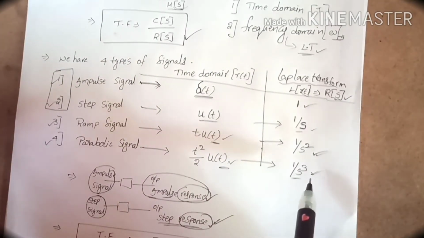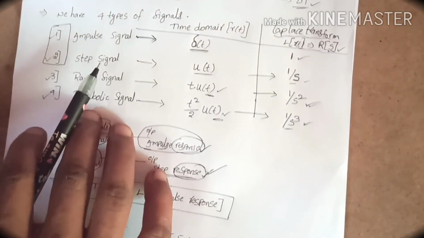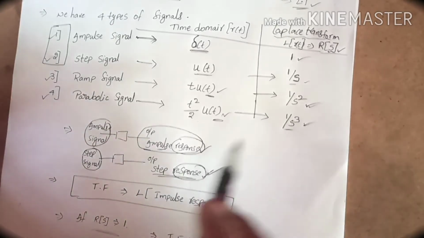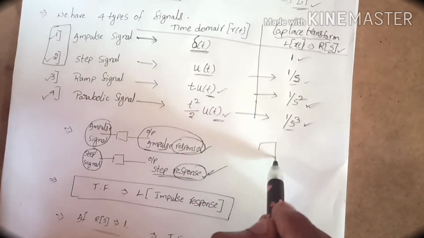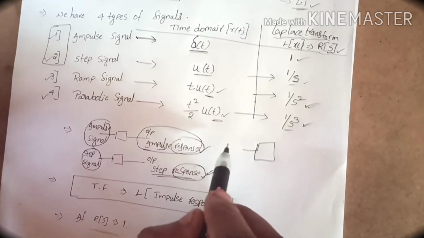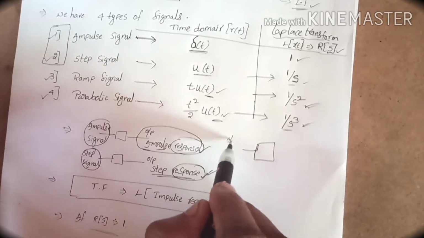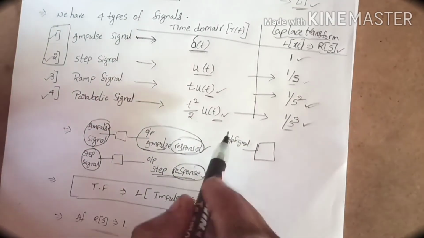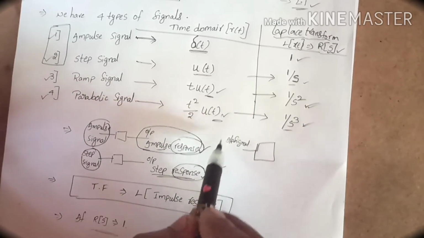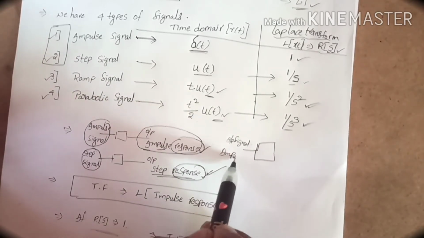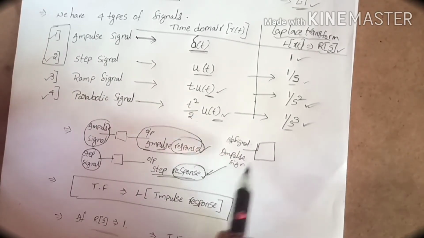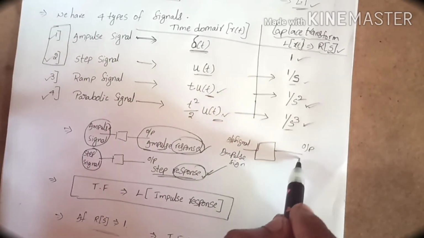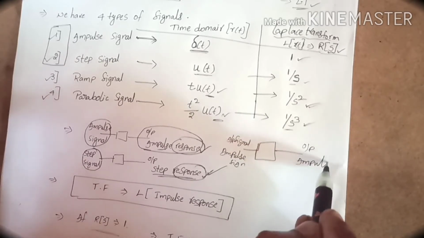Okay. So after these 4 signals, mainly impulse and step signals are very important. Then if you have any system, if the input signal is an impulse signal, the output will be the impulse response.